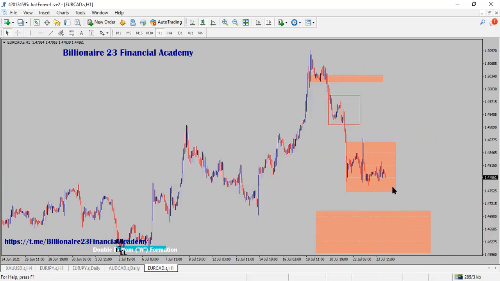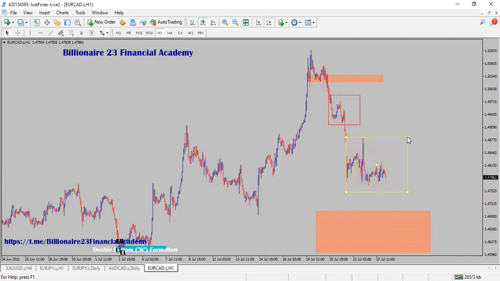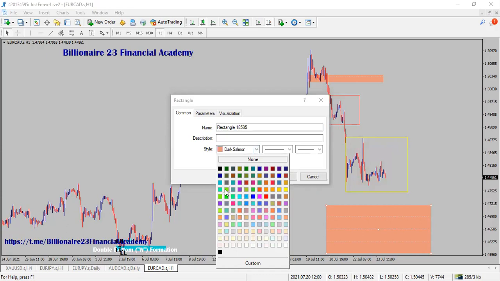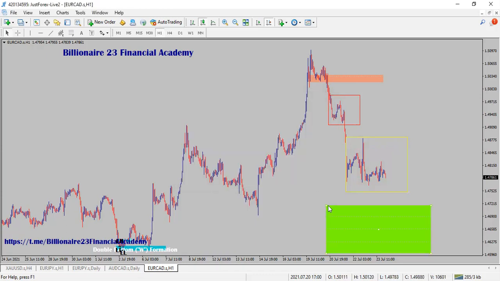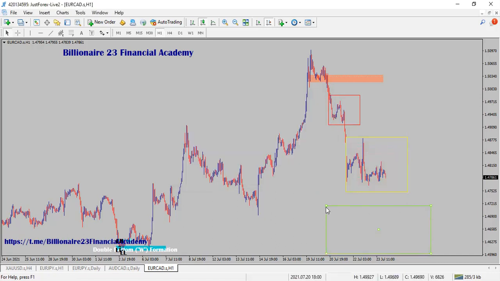This would be phase one. This would be phase two. And then somewhere here would be phase three. Generally, the market moves in three phases, but that's a whole other subject.